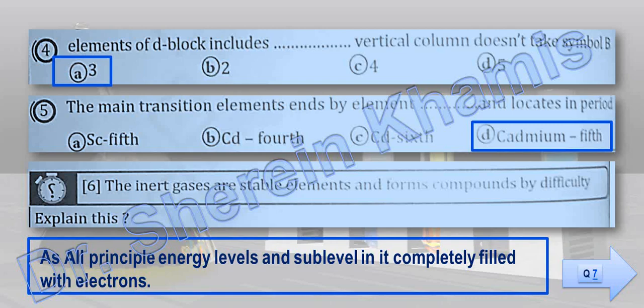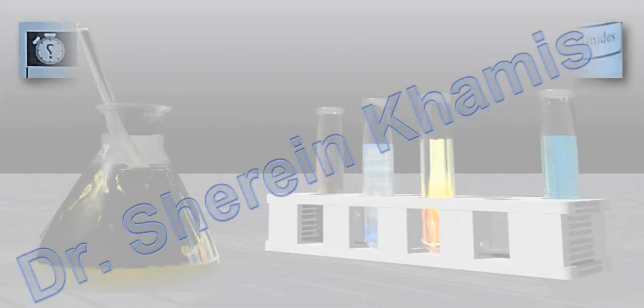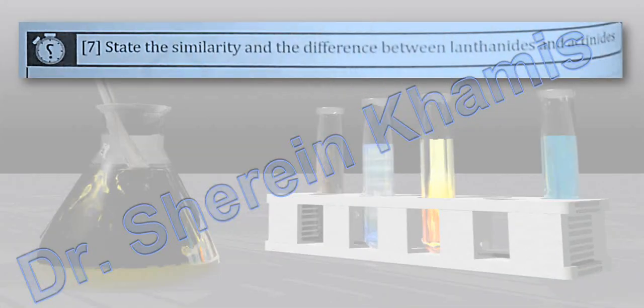Question number 7 says: state the similarities and differences between lanthanides and actinides. We said that we have such questions in our exam, so we have here what is similar between lanthanides and actinides and what is different between them.